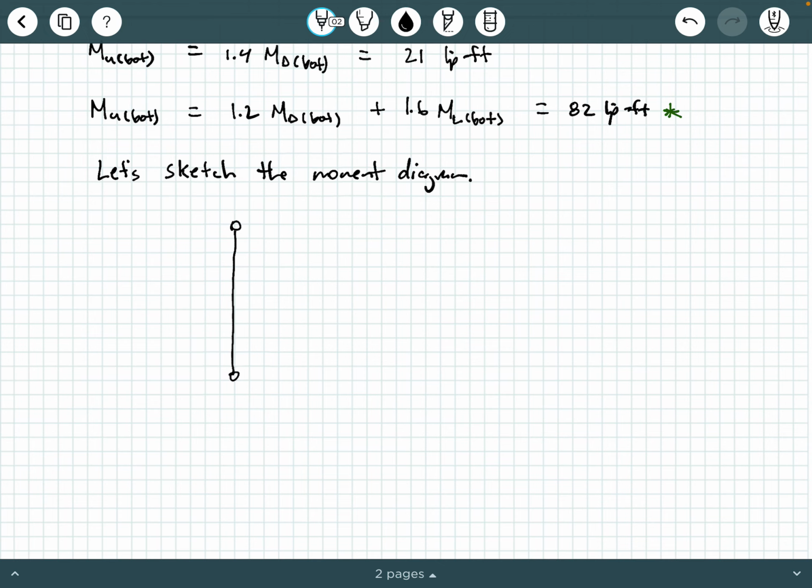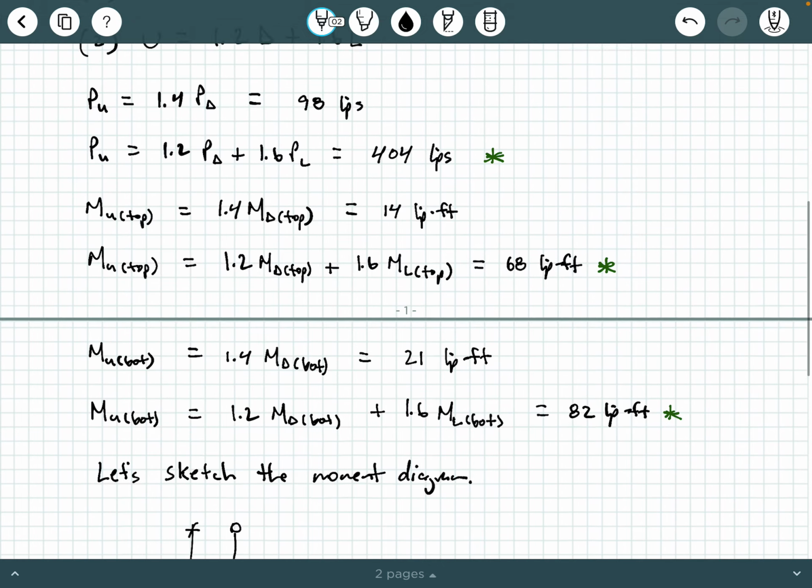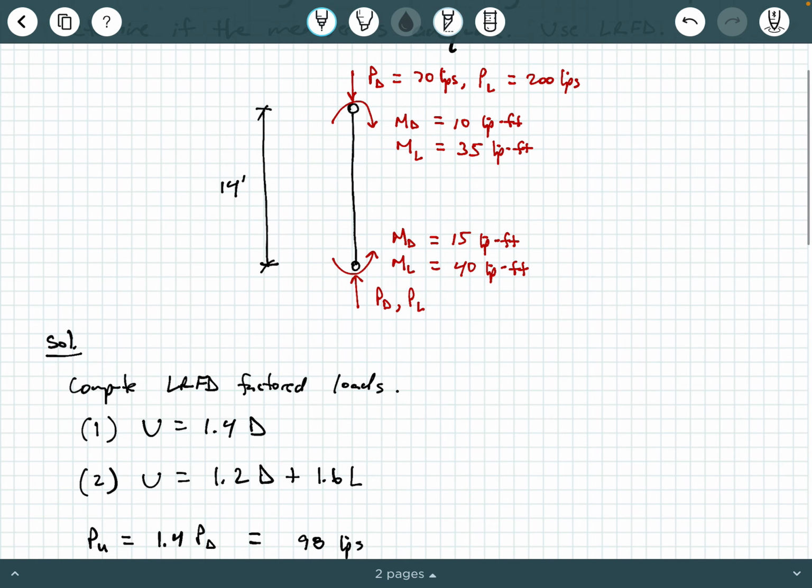So here is our member, and it's 14 feet long, and we have single curvature, right? You can look at the moments acting on here. You see that the moments at the top and the bottom are going in opposite directions relative to each other, which means that we have single curvature bending, okay? So this thing will bend with one type of curve like that.